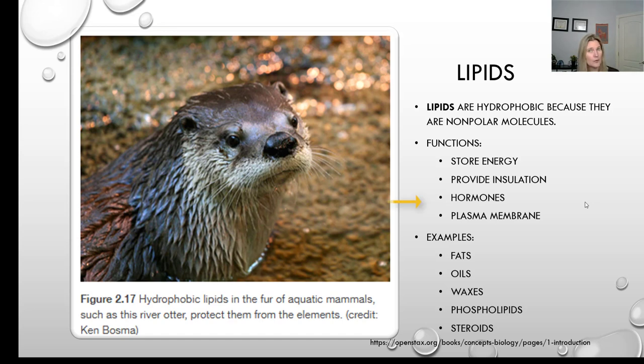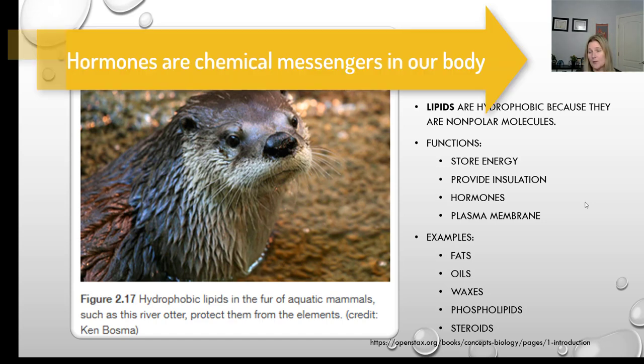Some of our hormones are actually lipid-based. Cholesterol, for example, we'll talk more about that, is a precursor to our sex hormones, testosterone and estradiol. And hormones are chemical messengers within our body.